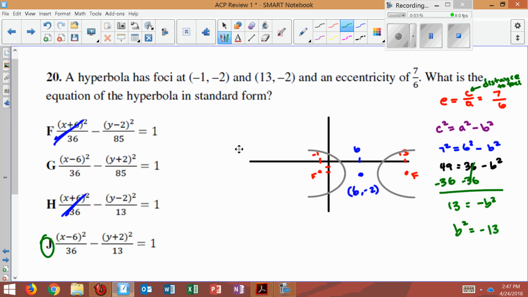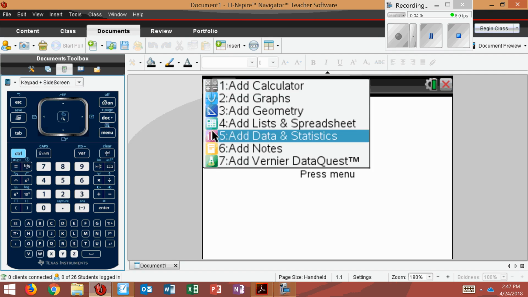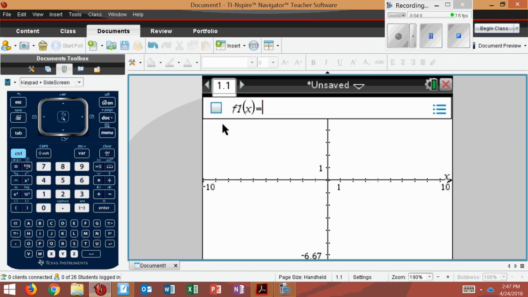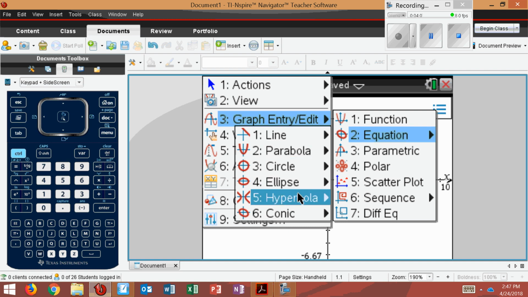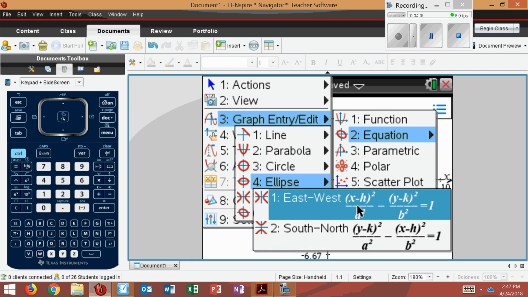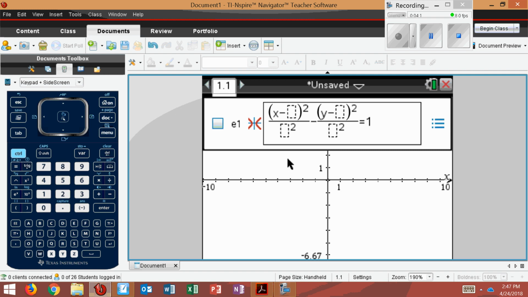Now, to check this in our calculator, we're going to jump ahead and just plug in this answer choice. We'll go to Graphs, Menu, Graph Entry, Equation, Hyperbola, and we'll type in the equations with the x first, just because that's what all of them were. We said it should be x minus 6, and up here, we said +2.